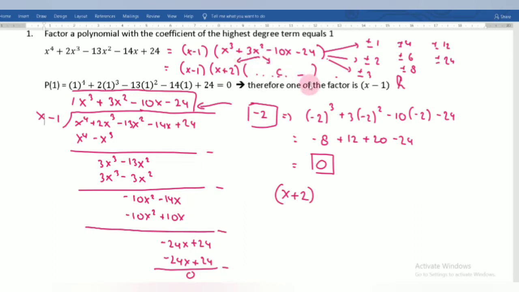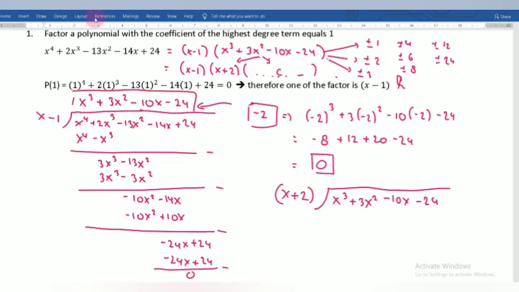So how do we find c? Let's divide again. I will divide x cubed plus 3x squared minus 10x minus 24 by x plus 2.